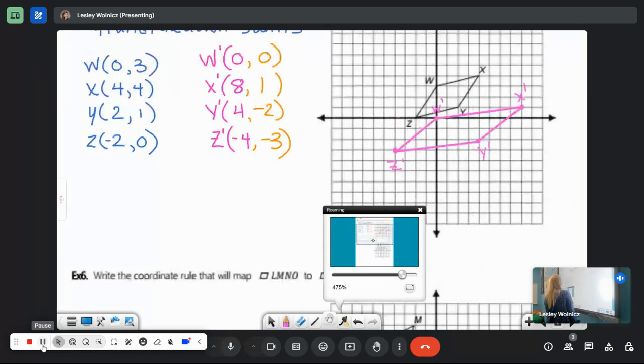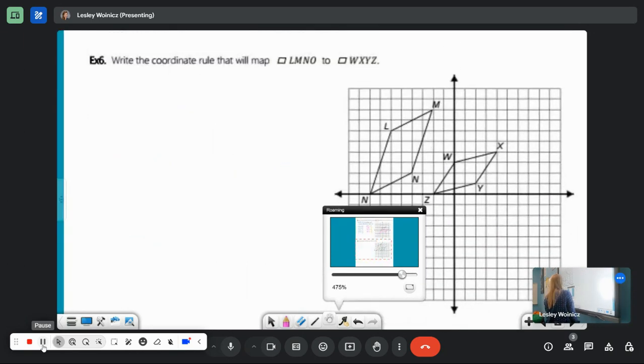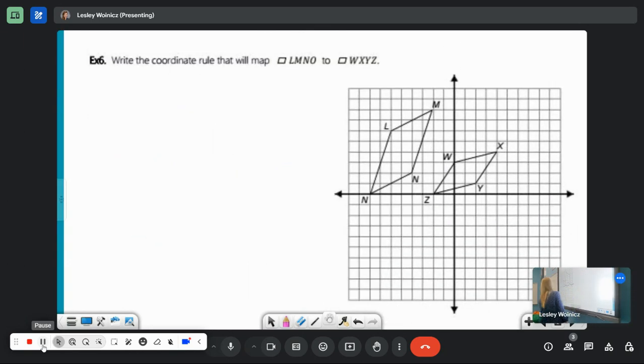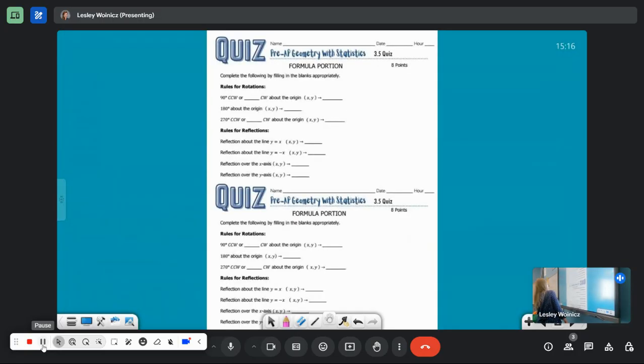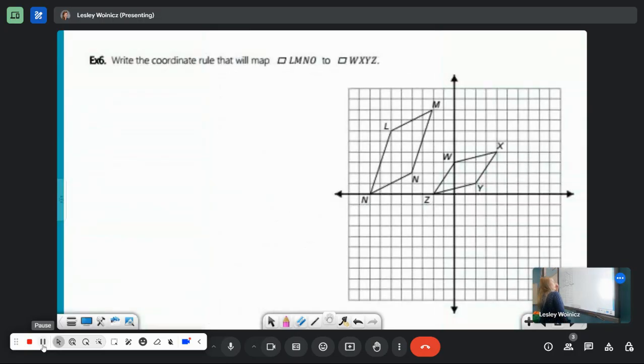Is this the last one? Yeah, this is the last one. We just have to write the coordinate rule that's going to produce this, that's going to map from LMNO to WXYZ. So what do you think? What's happening?